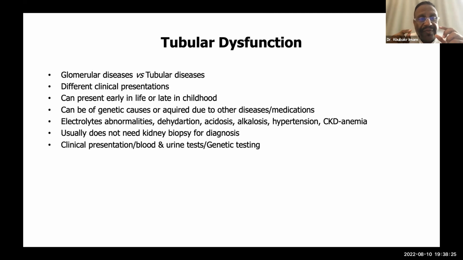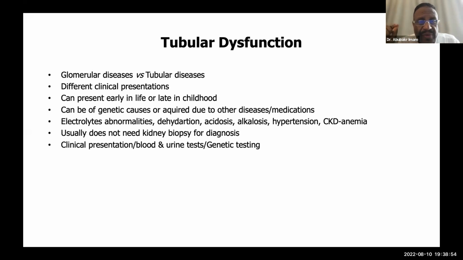Therefore, the clinical presentation of tubular diseases is very wide. It can present early in life, and we've seen it in neonates sometimes, and as we go during life, in the first few months to few years of life, and sometimes late presentation in early adulthood can happen.